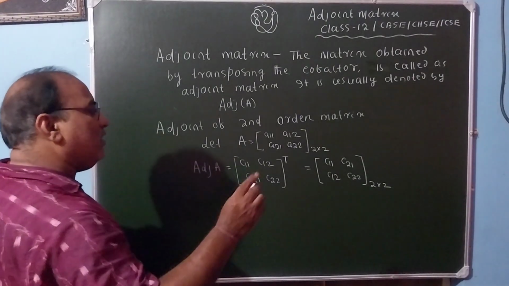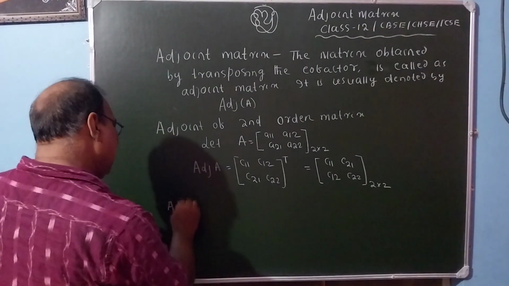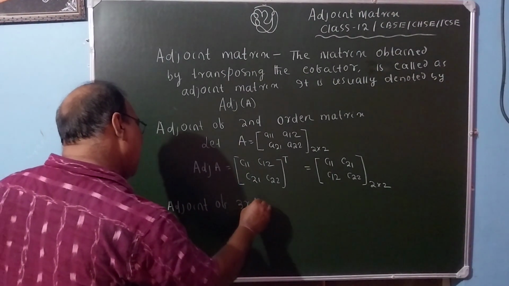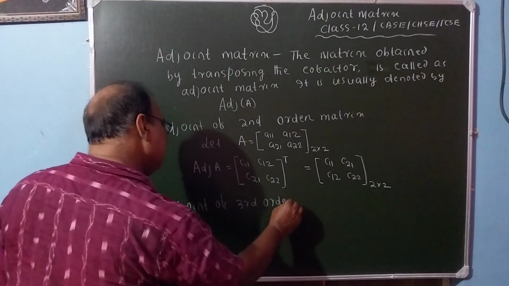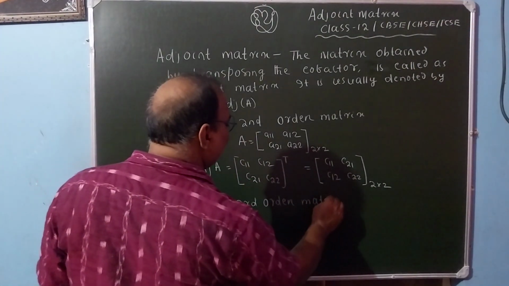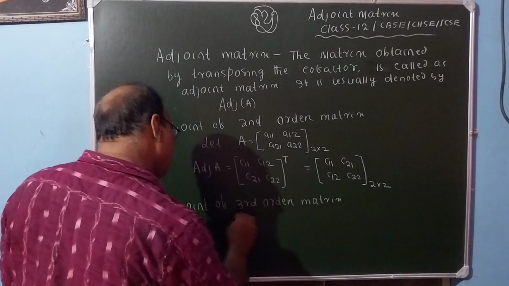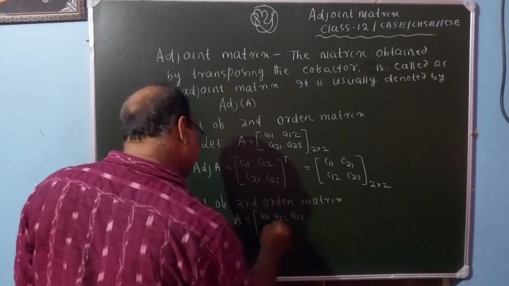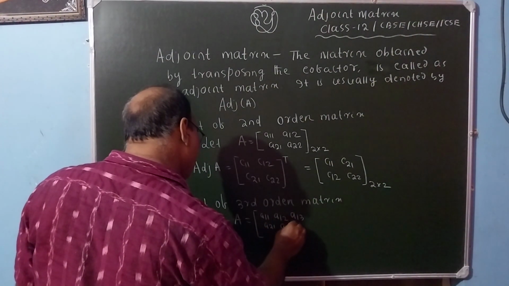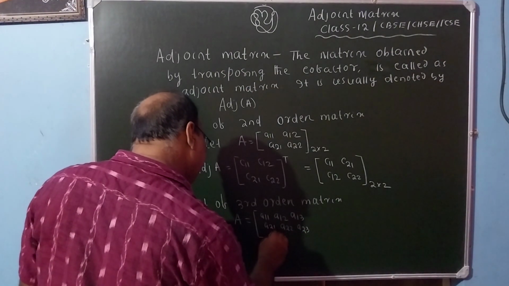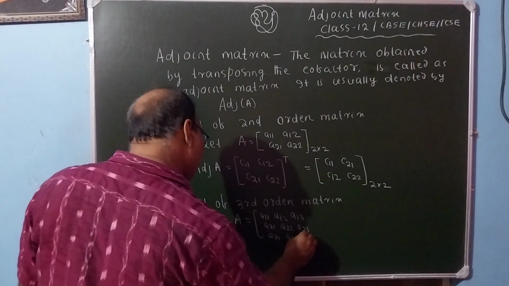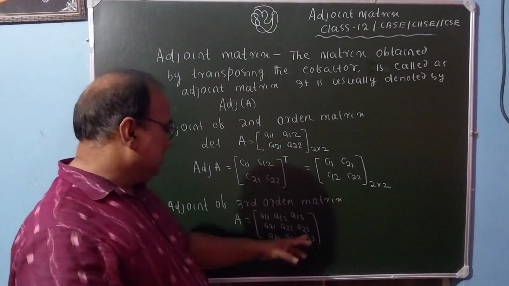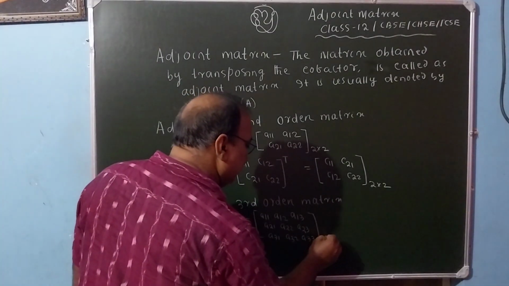Similarly, the adjoint of a third order matrix. Let A be the matrix with entries a11, a12, a13, a21, a22, a23, a31, a32, a33. This is a matrix of order 3 by 3.